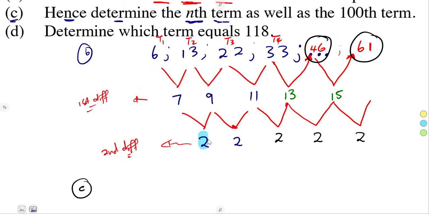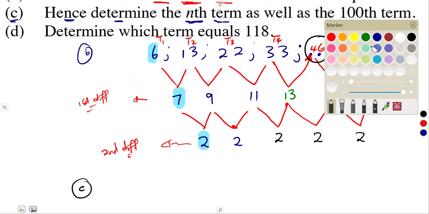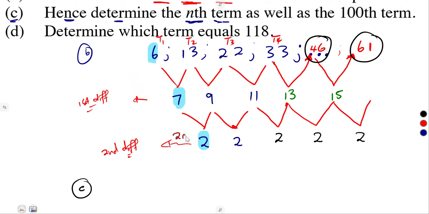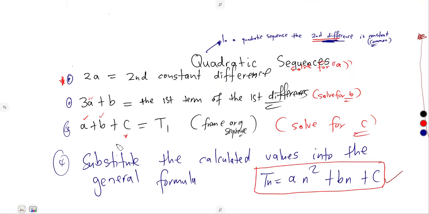So meaning to say we are considering the 2, the 7, and the 6, where the 2 is the one that is equivalent to 2a. So 2a is equal to this. On this part, this is our 3a plus b, which is equivalent to 7. Then the 6, which is our first term, that's our a plus b plus c, which must be equal to this 6. Remember that.